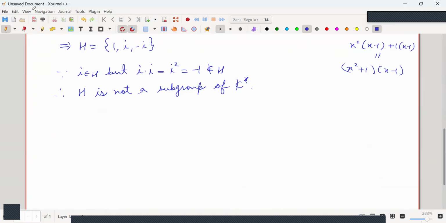So G is S4 and H is the identity map union the set of all 2-cycles.